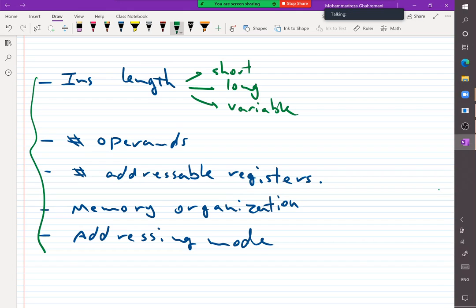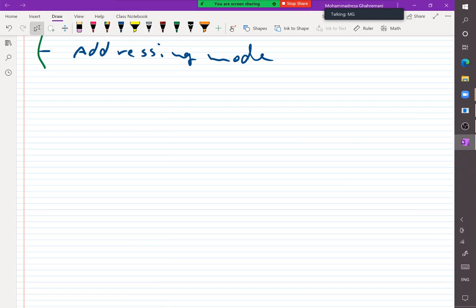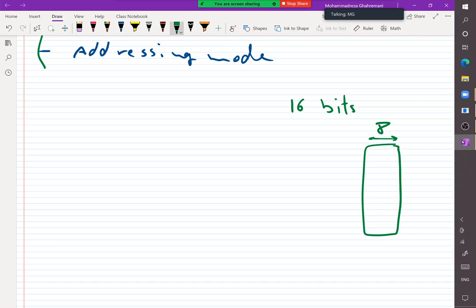Okay, so before starting designing an instruction, I want to talk about byte ordering. Because it's very important. Why is it important? Because sometimes the length of an instruction is, let's say, 16 bits, but the length of each memory location is 8.